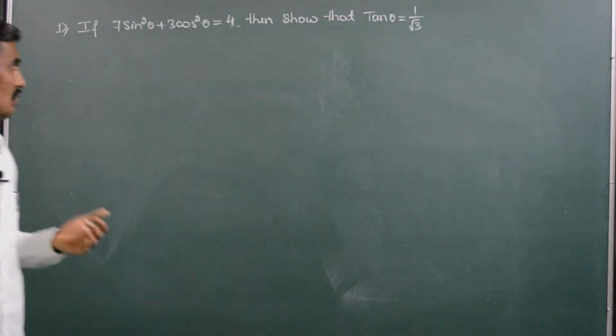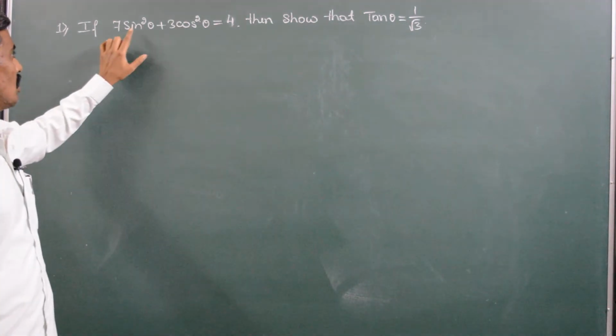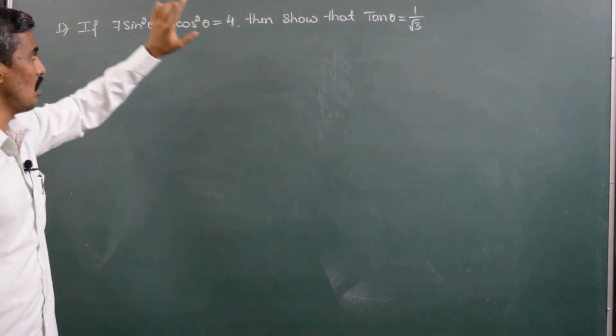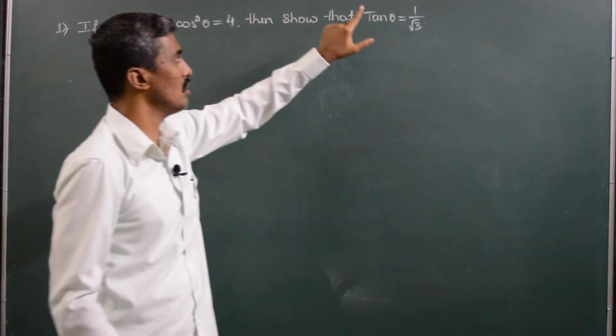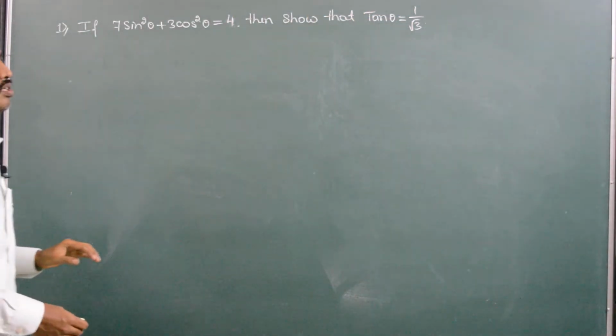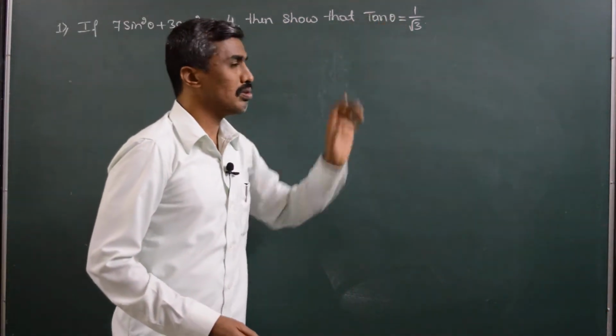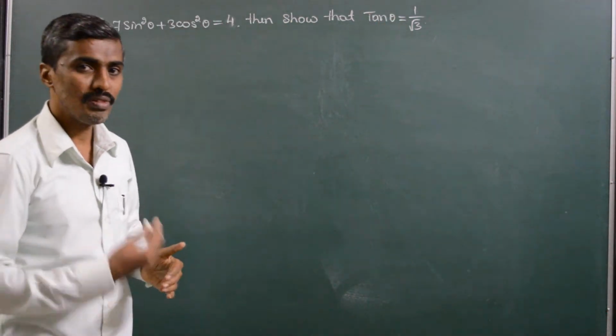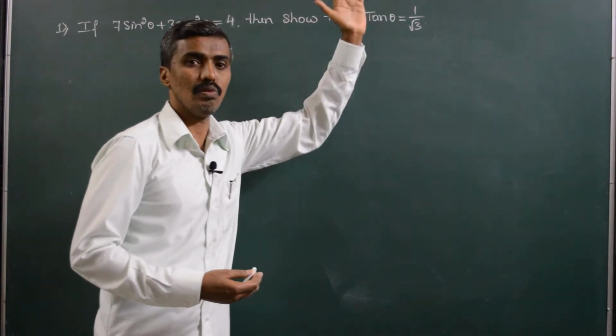Here the given thing is 7 sin square theta plus 3 cos square theta is equal to 4. Under this condition we have to show that tan theta is equal to 1 by root 3. To prove this without knowing the value of theta, we cannot show it as 1 by root 3.